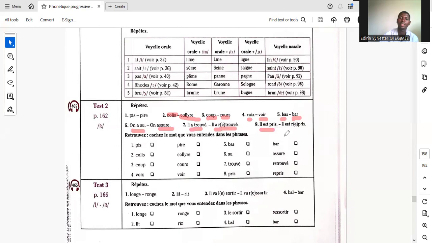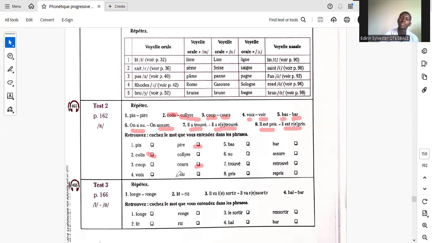Il est pris, il est repris. 1. C'est bien pire. 2. Vous avez reçu le colis? 3. Il donne des cours. 4.